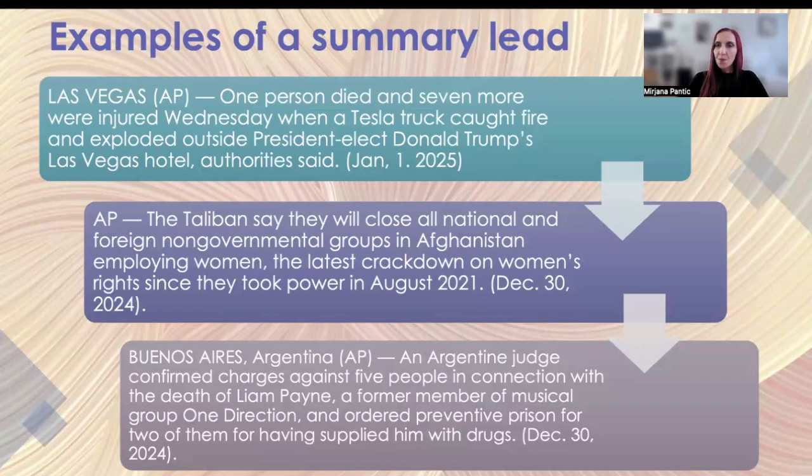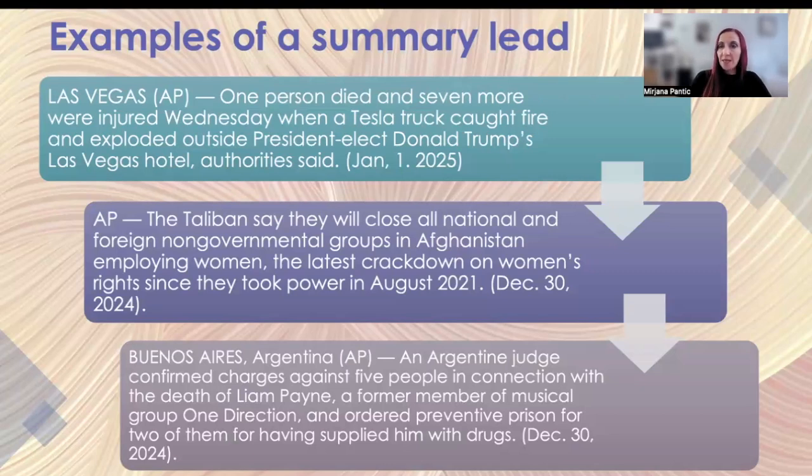Who is affected in this story? So there is one person who died and 7 more who were injured. So this is the who of the story. Now, what happened?